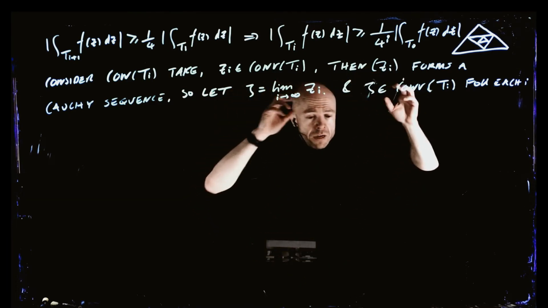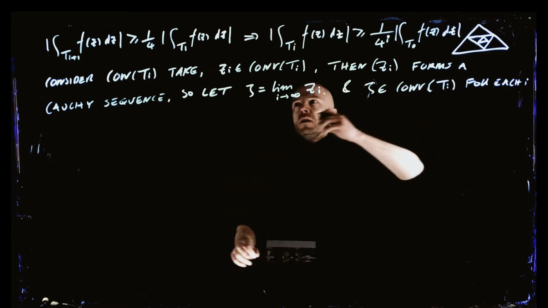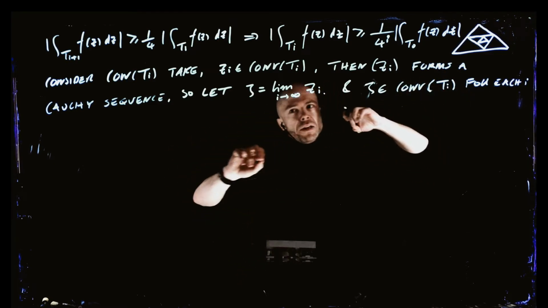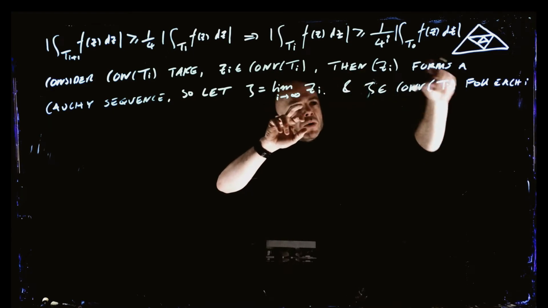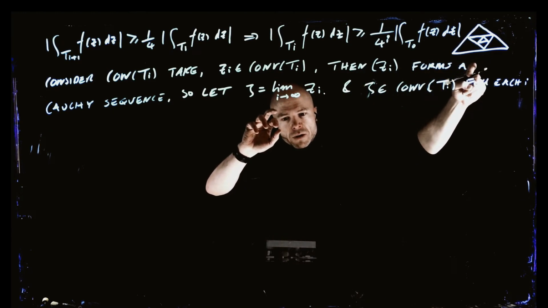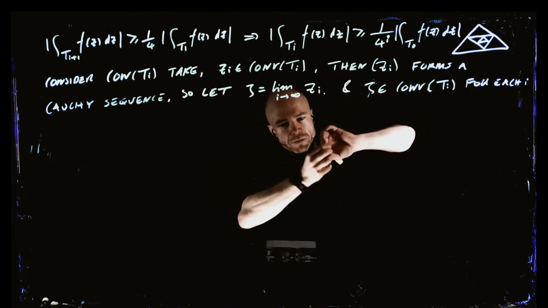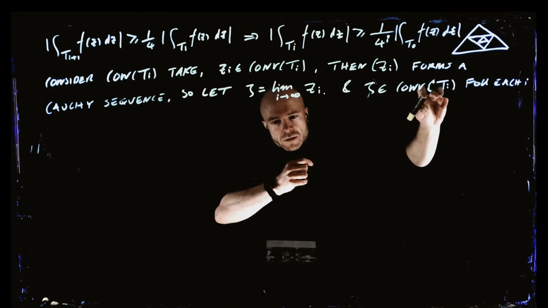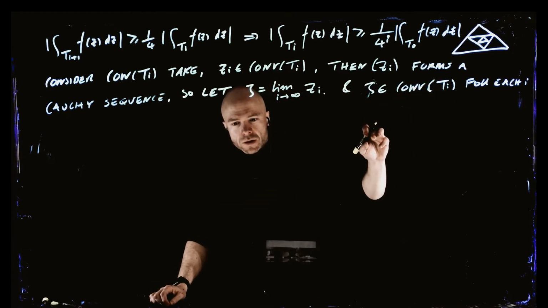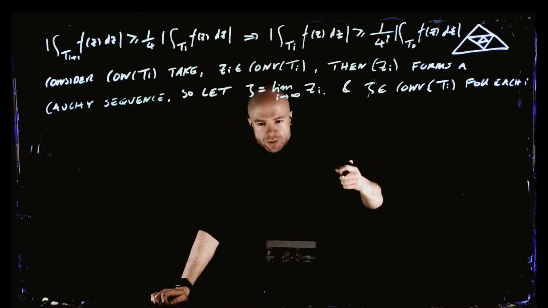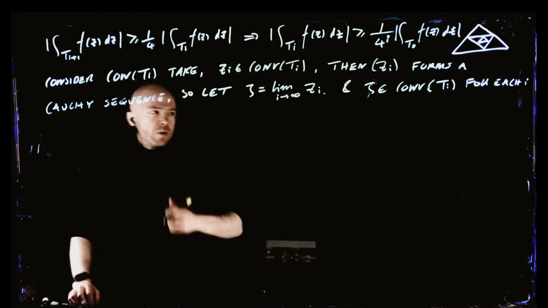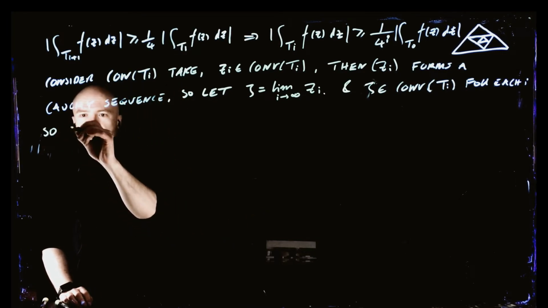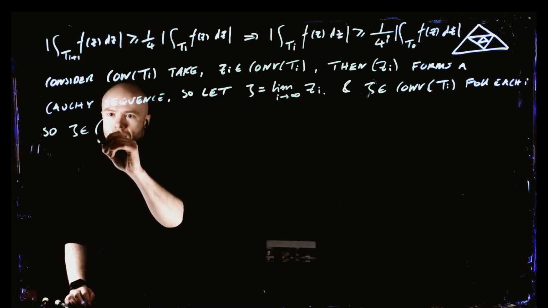So whichever i you want, Zi plus 1 is inside this, Zi plus 2, and so on, so from that point on, it's a sequence inside this guy, and this guy's a closed set. So its limit will still be inside here. And that's true for every single i. Everybody, give me a thumbs up if you'll believe me with this. Super. Okay. So zeta is actually inside the infinite intersection.